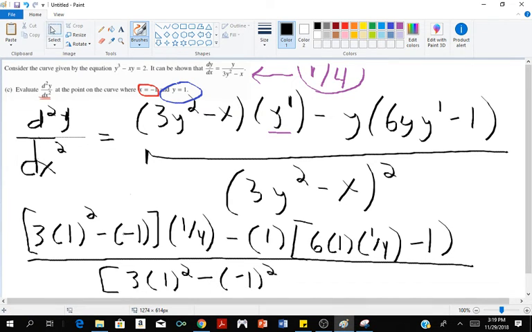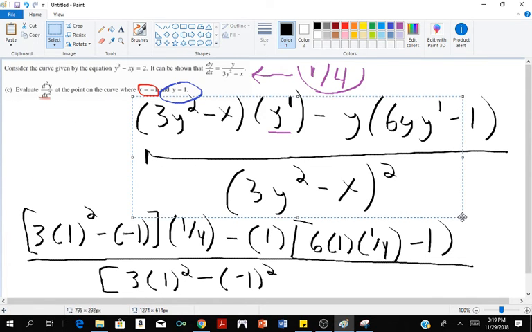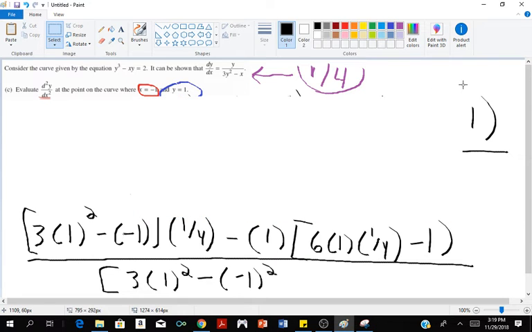And at this point, it is just algebra. So I'm going to go ahead and clear the second derivative out here at the top so that we can finish this problem. All right, so at this point, we're just simplifying.